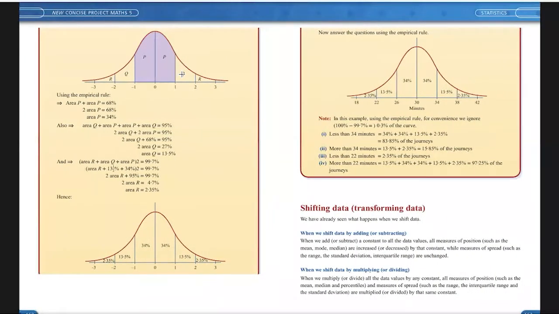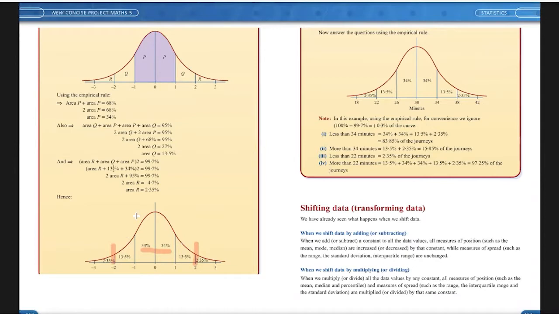Okay, so this one has the graphs done for me. So how you do it is you break up the 68%, that's 1 standard deviation. Okay, you then divide 95 by 2, okay, and you get, I think it's 47.5.